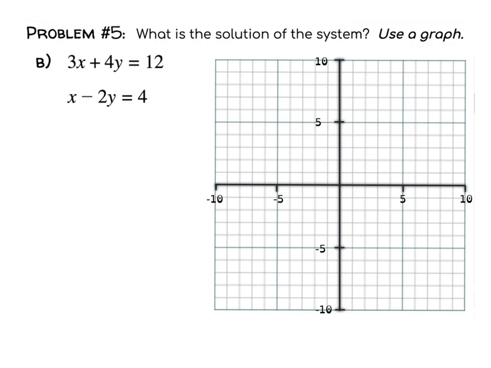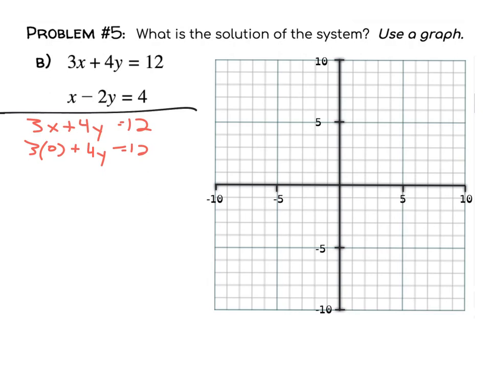So what do I mean when I say this? Well, what I mean is that these are in standard form. And standard form is a really great form for graphing if you're going to find the intercepts. So for the first one, if that says 3x plus 4y equals 12, and you put in 0 for x, you will find the y-intercept.